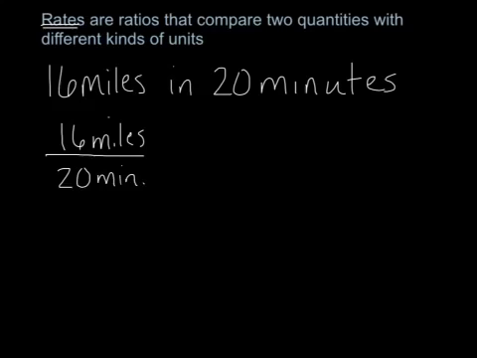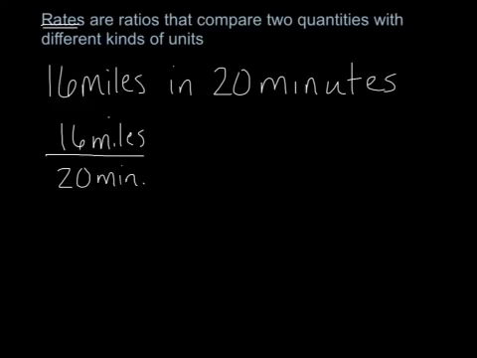Now remember, what makes this a rate instead of a ratio is that we have different kinds of units. A mile is a unit of distance, and a minute is a unit of time. So this is why this is a rate and not a ratio. Please make note that there is a difference between the two words.